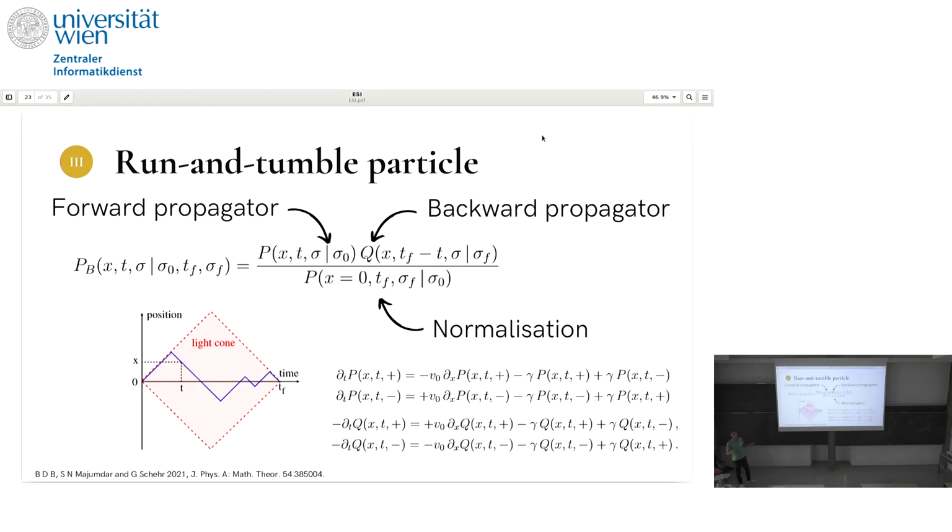Then you can write this equation with the first branch and the second branch, take the product, and here is the normalization condition. For this forward and backward propagator in the extended x-t-sigma space, you can write some Fokker-Planck equations, which are given here: one for p and one for q, depending on the sign of the velocity, and they are coupled through these tumbling rates.